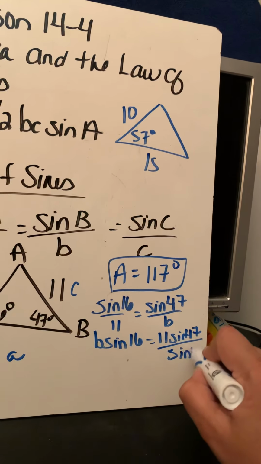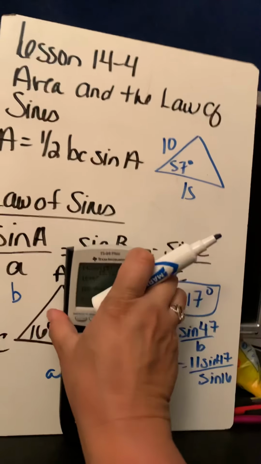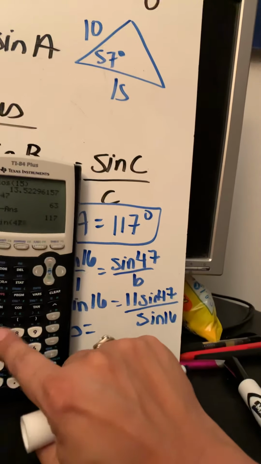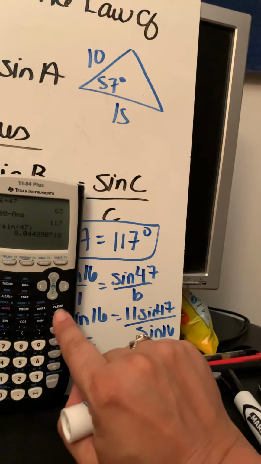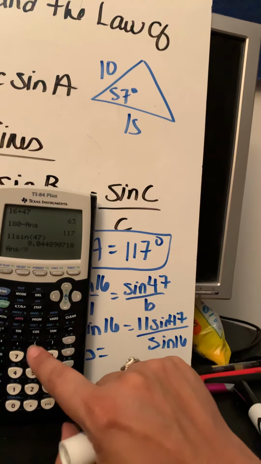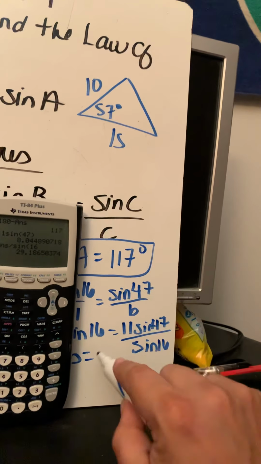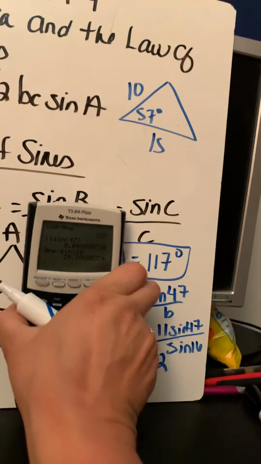Divide by sine 16 to get your little b. Little b equals 11 sine 47, again, make sure that calculator is in degree mode, divided by sine 16. So we get 29.2. Little b is 29.2.